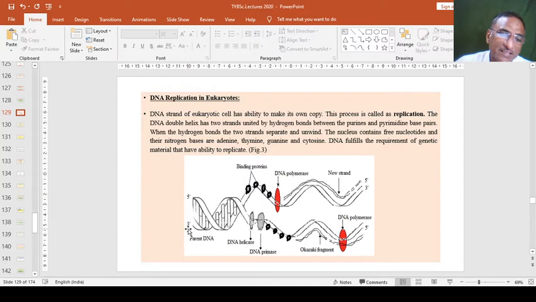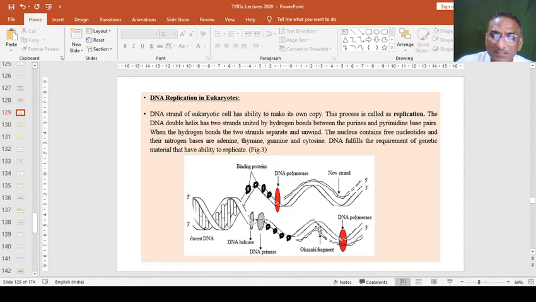This is the figure which shows the 5' strand and 3' strand, and they form their complementary strands. The 3' strand develops a new 5' strand, and 3' to 5' pairing is formed in this newly formed strand. In the same way, this 3' strand is forming a new 5' strand, because the 5' strand is the original strand, and the 3' strand is newly formed there too.